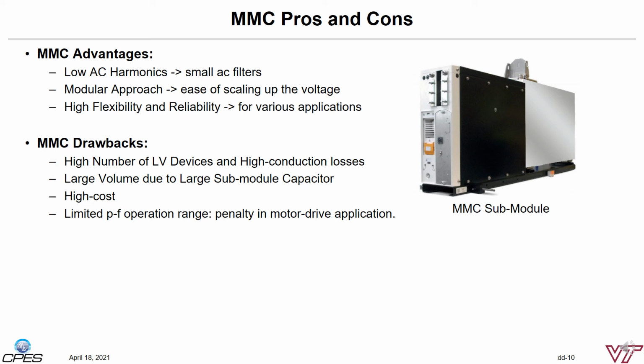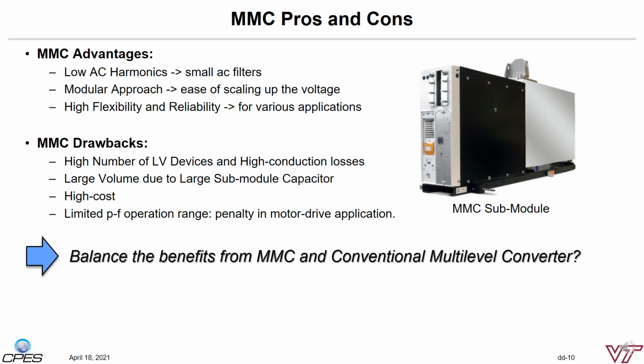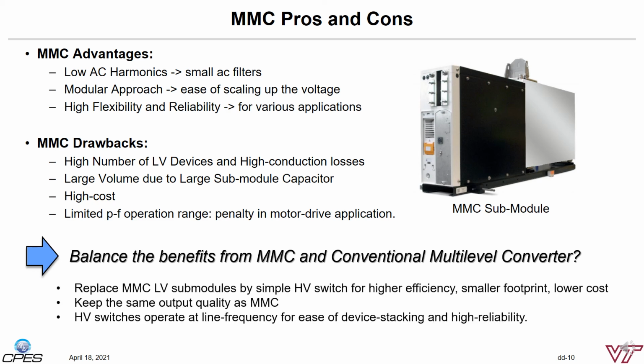So with the understanding of both pros and cons of MMC compared with the conventional multi-level converter, the question here is, can we find a solution to balance the benefits from MMC and the conventional multi-level converter? If possible, we'd like to meet the following requirements. We'd like to replace the MMC low-voltage submodules by simple high-voltage switches for higher efficiency, smaller footprint, and lower cost.